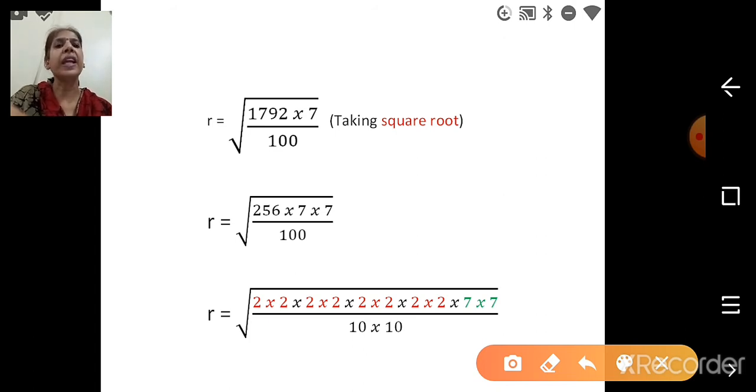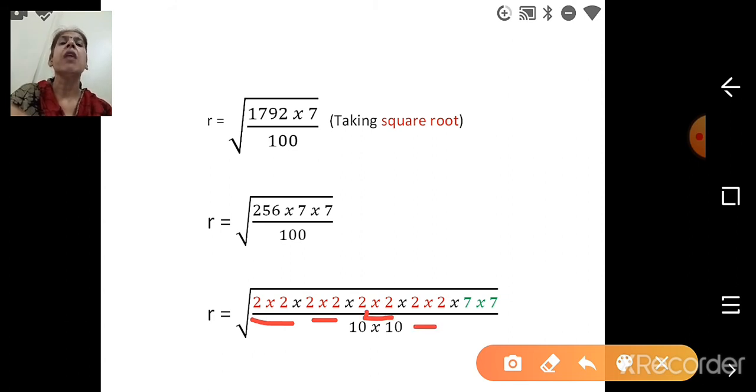Or you can directly write the factors. When you find the factors of 256, divide with 2, with 2, with 2, with 2, like that. Check how many times you get 2. You are getting it 8 times. Then we arrange the like terms together in pairs. So we get 4 pairs of 2.